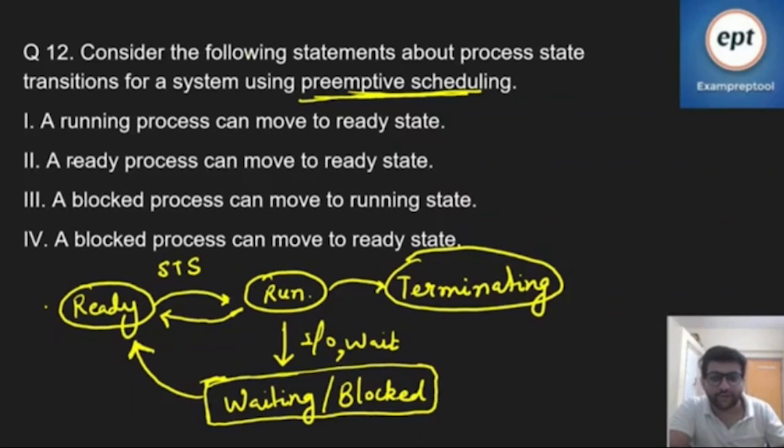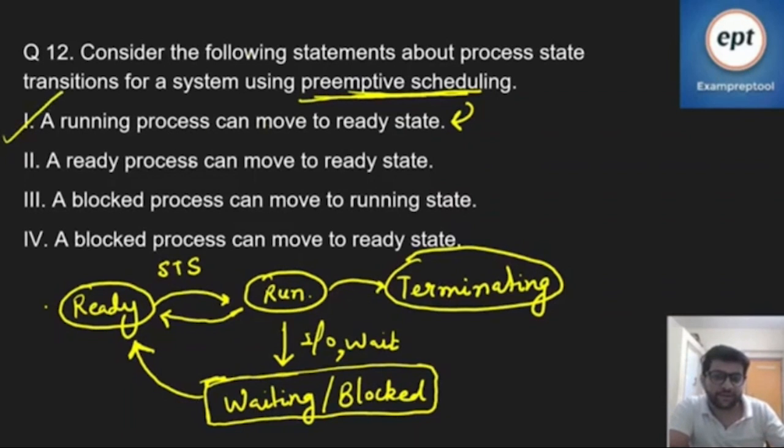Okay, so let's see the options. It has been given that a running process can move to a ready state. Yes, a running process can move to a ready state because it is a preemptive scheduler. If it was non-preemptive scheduling, then this option would not have been correct. So this is correct.